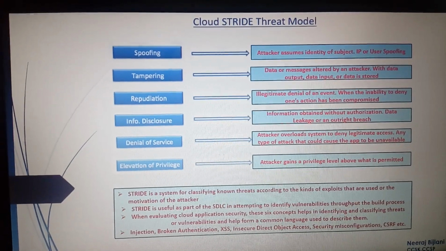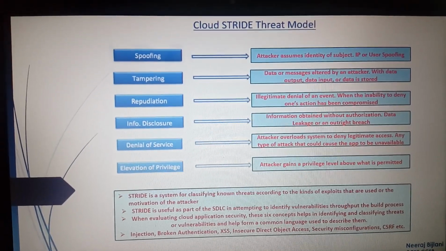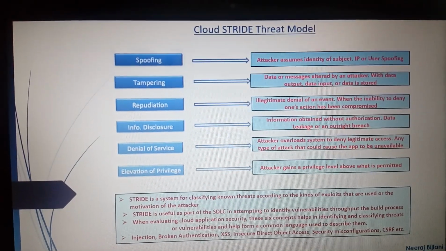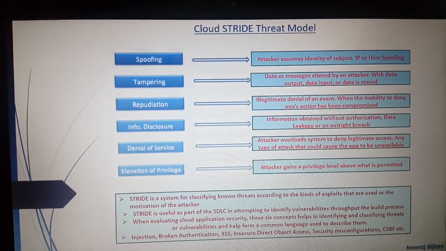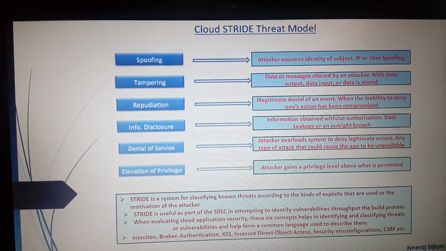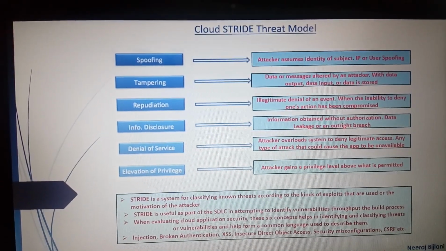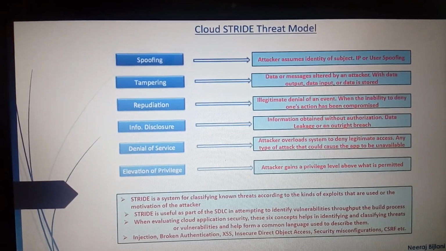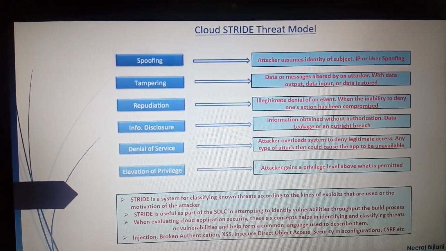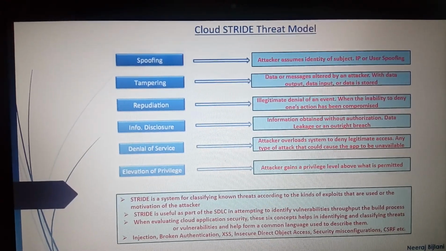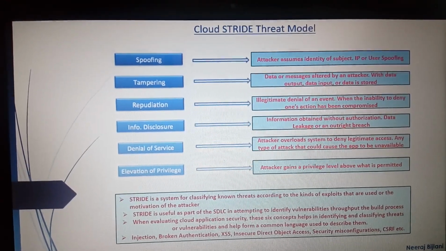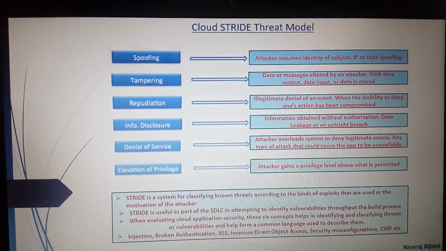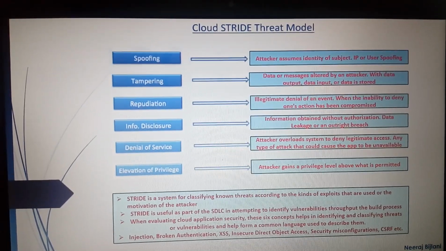Next is information disclosure, where information is obtained without authorization, a data leakage. Like you are not an authorized user, but you obtain the data, so that information is disclosed, right? This should not happen in the application, because data is stored in most of the applications.